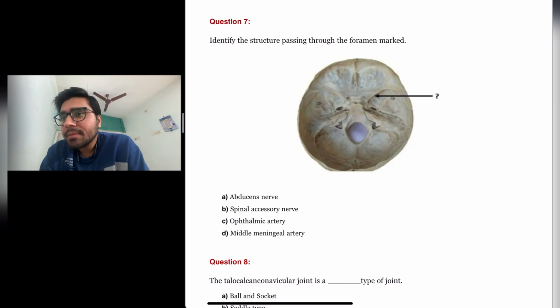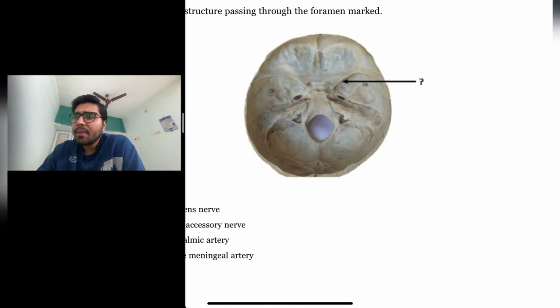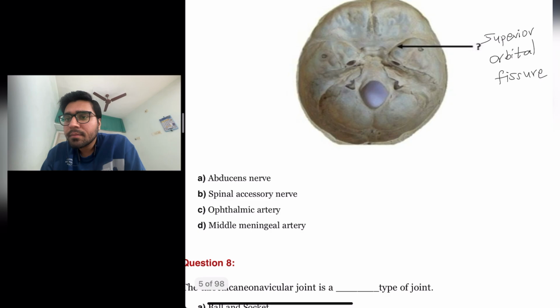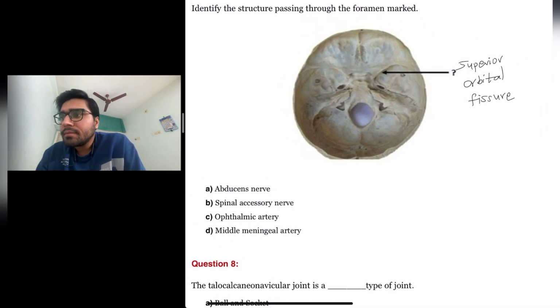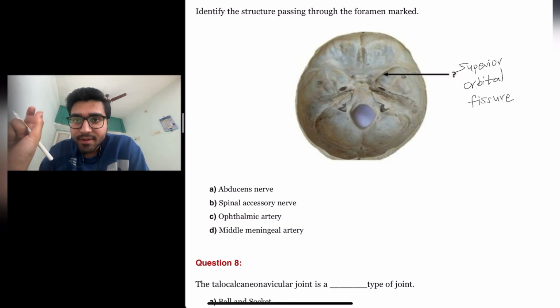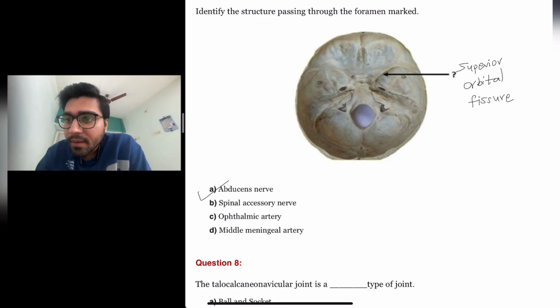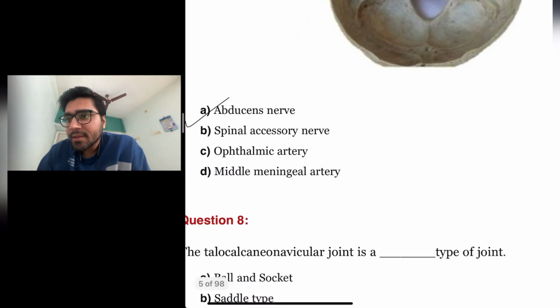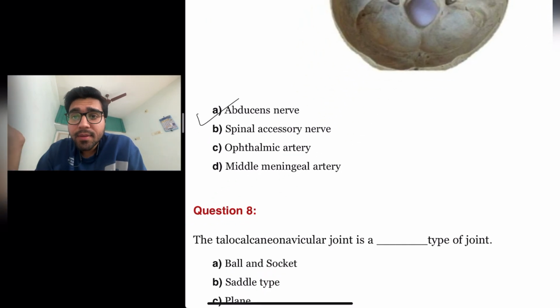Identify the structure passing through the foramen marked. The foramen marked is the superior orbital fissure, and the structure passing through that superior orbital fissure is abducens nerve. Because the other three structures, let us discuss where they pass from.